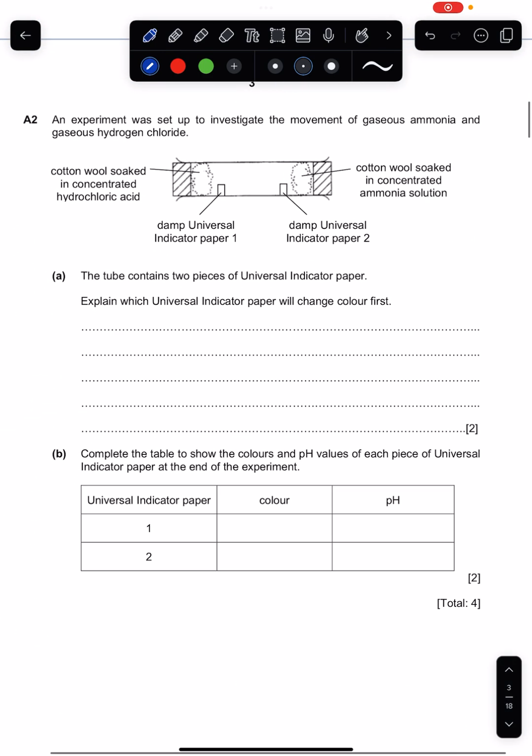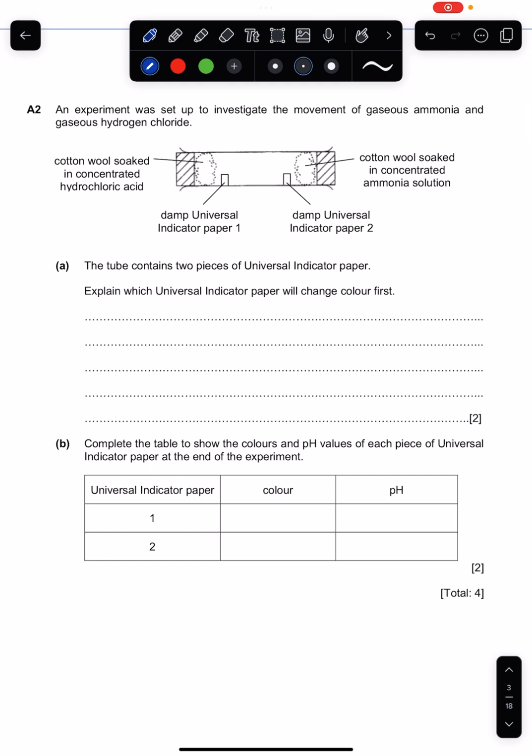Next. Question 2 is inside, I believe. Okay, so let's take a look here. You look at this movement of the gases. It should give you an indication that this is a diffusion question.